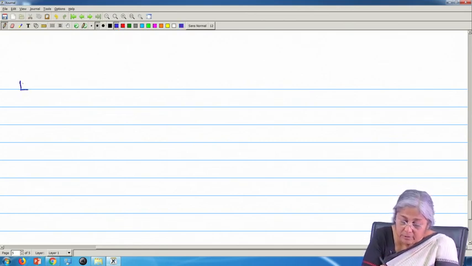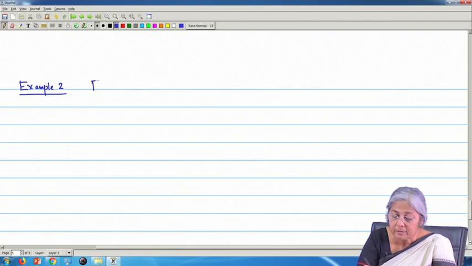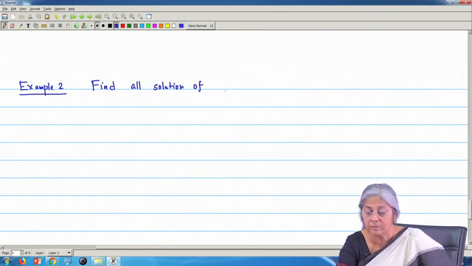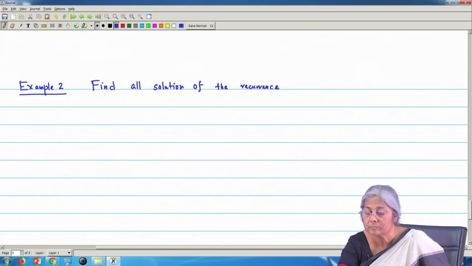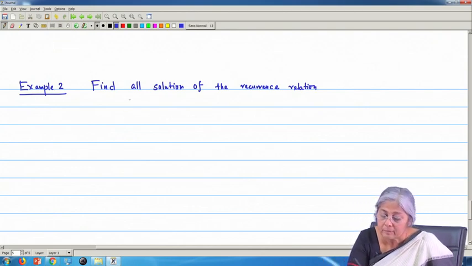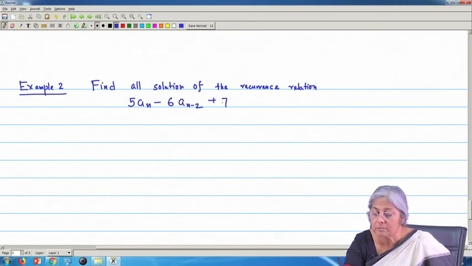So, we take another example: find all solutions of the recurrence relation a n equal to 5 a n minus 1 minus 6 a n minus 2 plus 7 to the power n.